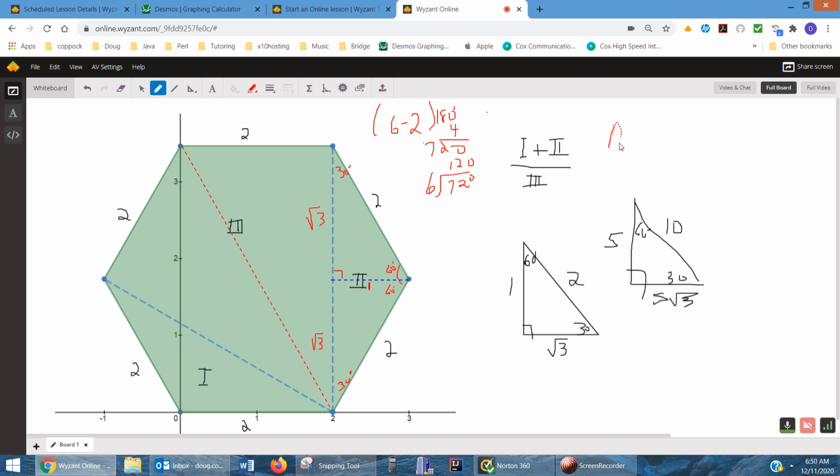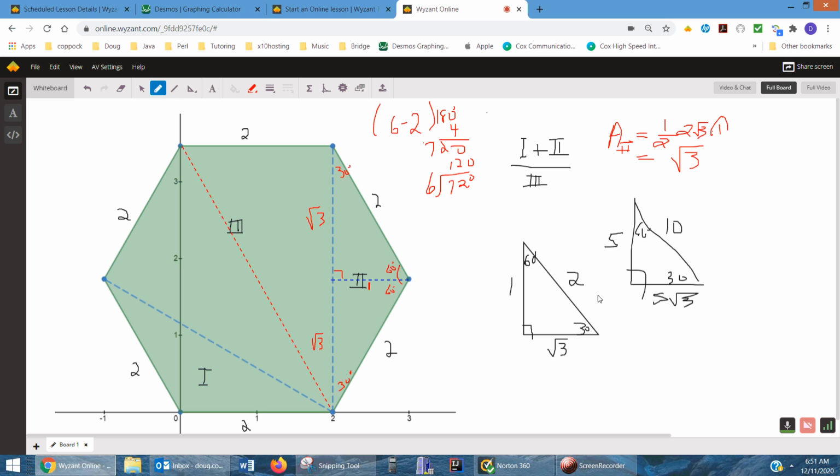The area of a triangle, and I'll put a little 2 here to emphasize that we're finding the area of triangle number 2, is 1/2 the base, which is 2 radical 3, times the height, which is 1. This distance right here. I meant to write a 1 there. And half of 2 radical 3 is radical 3.